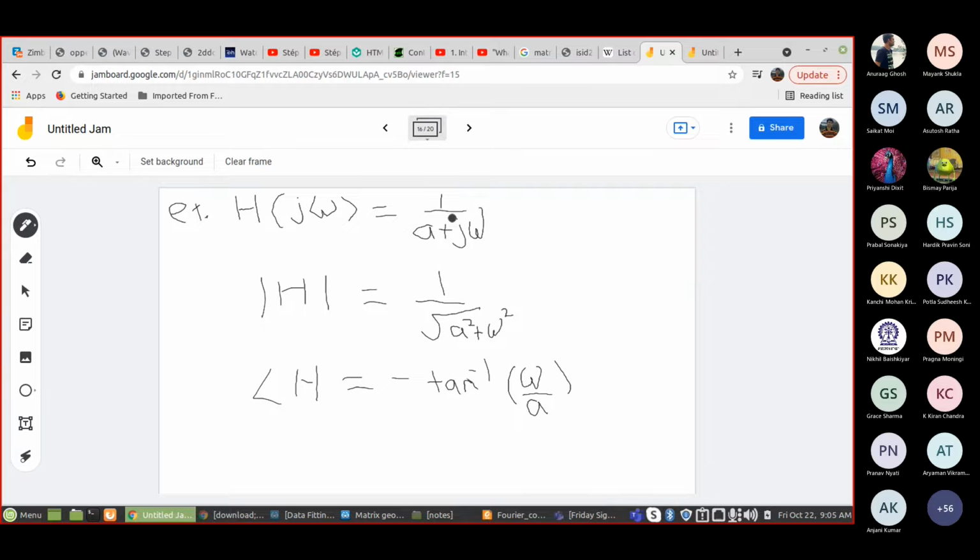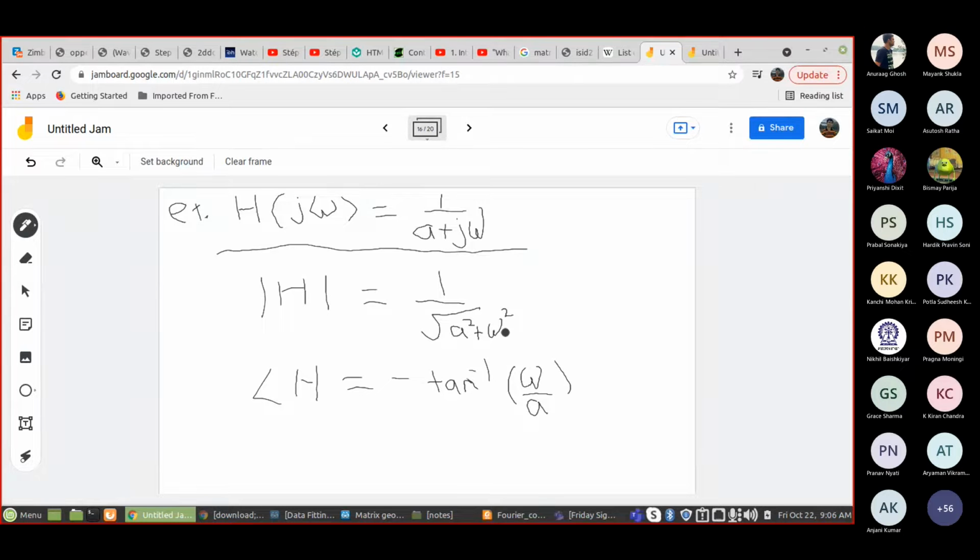This is the Fourier transform of e to the power minus at, and you can try to plot its magnitude and phase response. This is its frequency response. Try finding the plot of this function in the frequency domain also. You plot it as real versus imaginary as omega goes from minus infinity to plus infinity, and you can also plot its magnitude and phase response.